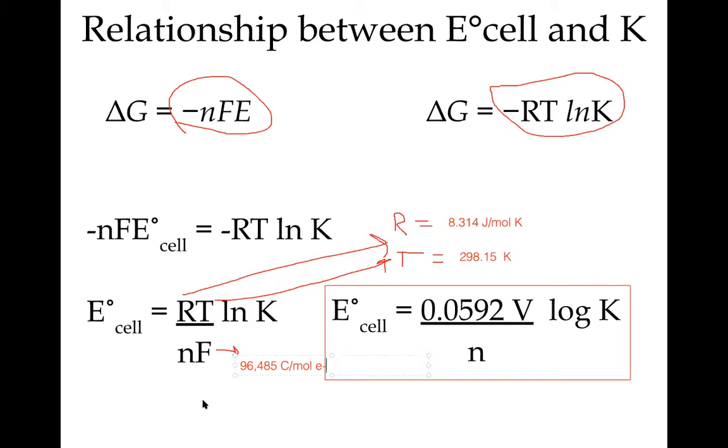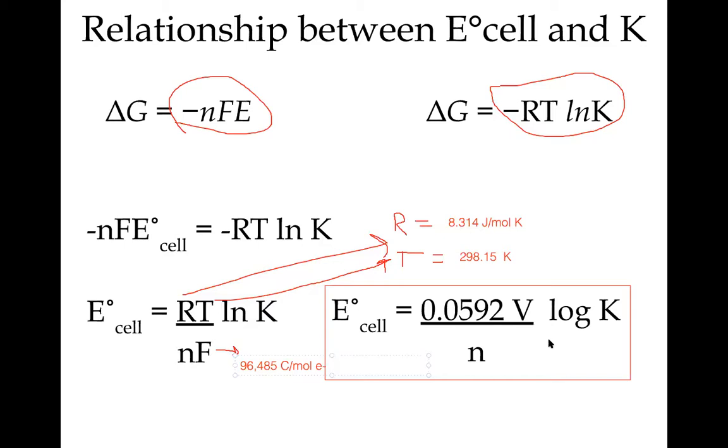Okay. And so that's good. The only thing now that you might notice that looks funny is that we went from natural log of K to log of K. I don't really know why they make this change. It's some historical reason. The logarithm is used in the equations involving cell potential.